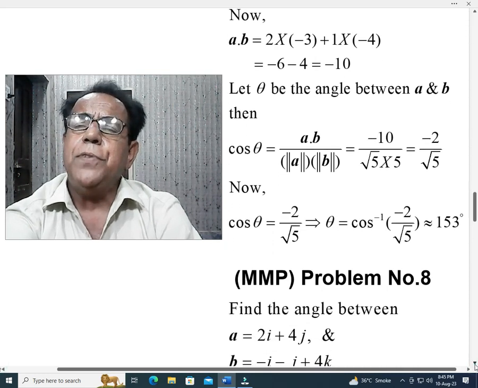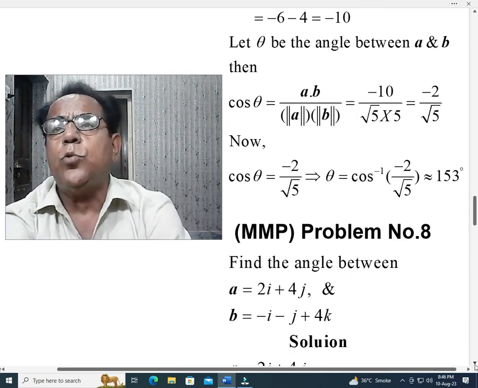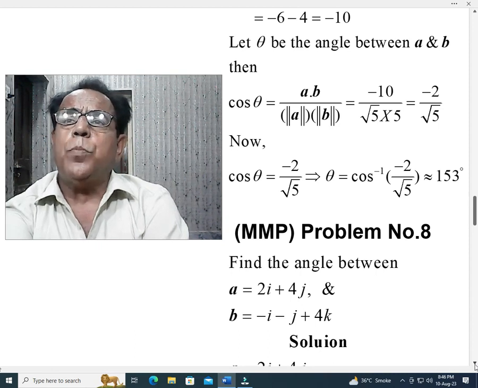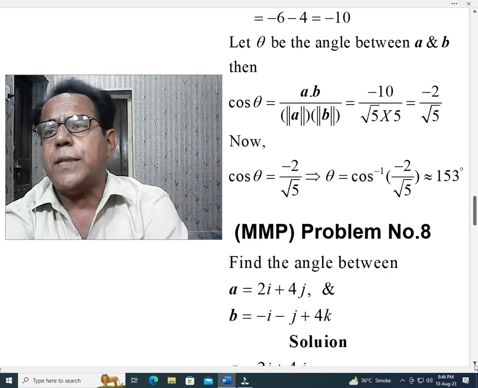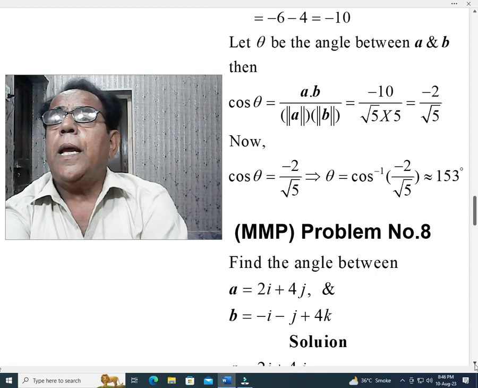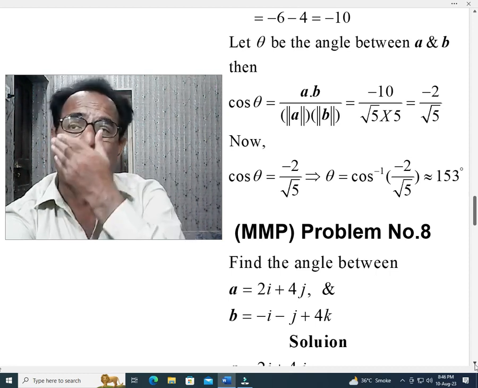Then by definition cos theta is equal to dot product of the two vectors divided by magnitude of the two vectors. So cos theta becomes equal to minus 2 over 5 under root, and hence theta becomes equal to cos inverse minus 2 by 5 under root, and this approximately becomes equal to 153 degree.